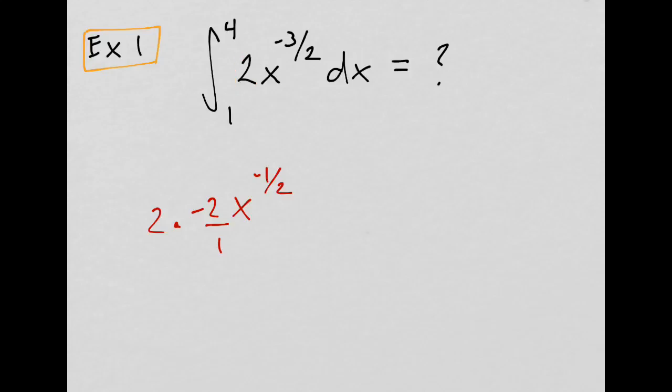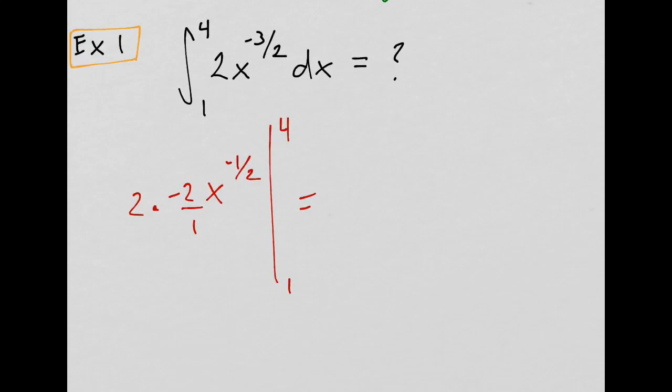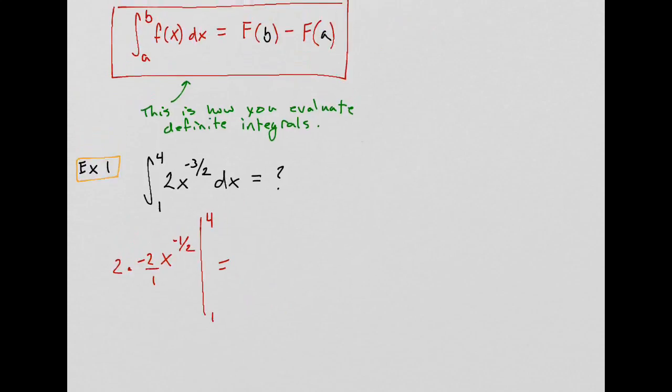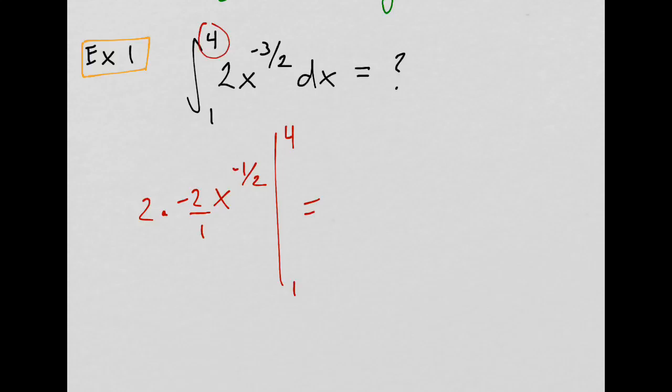Then I evaluate that, from 1 to 4. This is just notation. I have the antiderivative, so I plug in the top number, the 4.